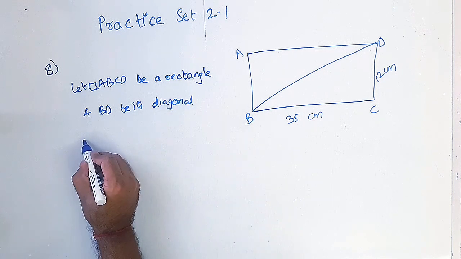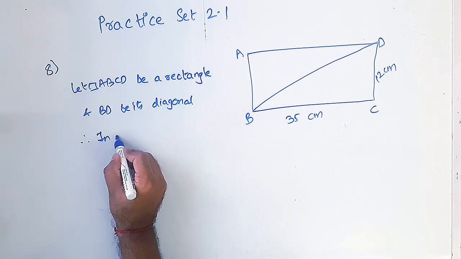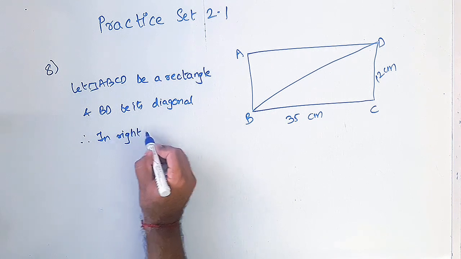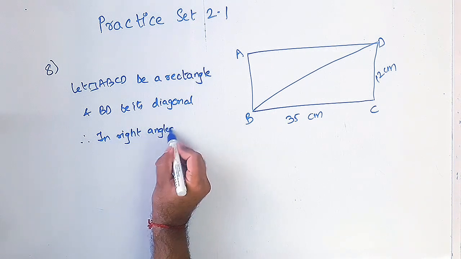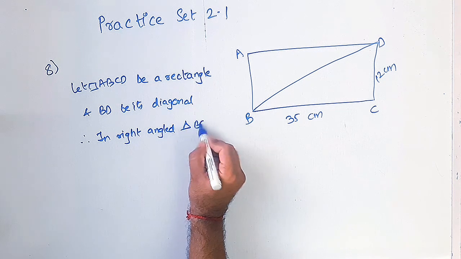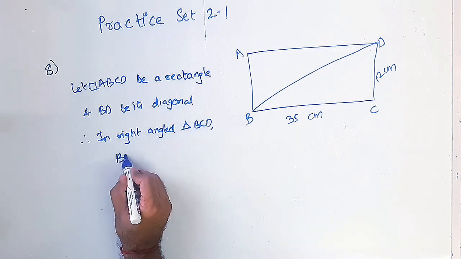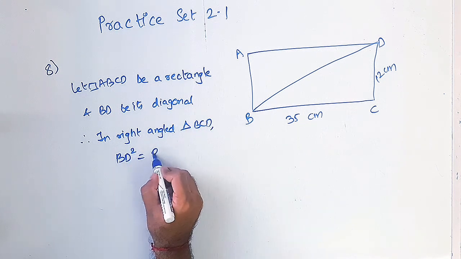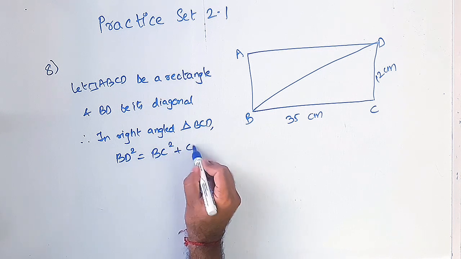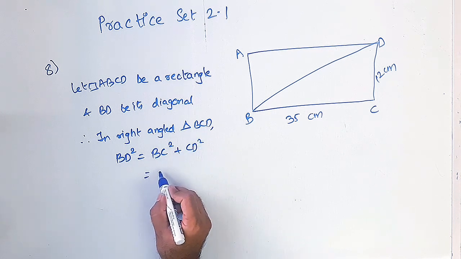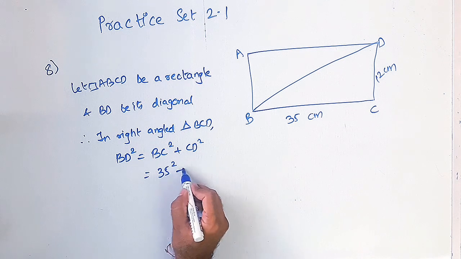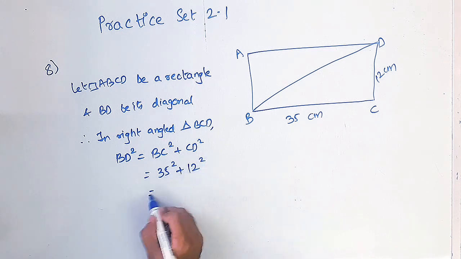So they have asked us to find the diagonal. Therefore in right angled triangle BCD, BD square is equal to BC square plus CD square. So that is 35 square plus 12 square.